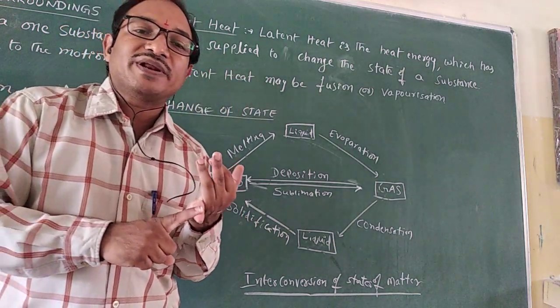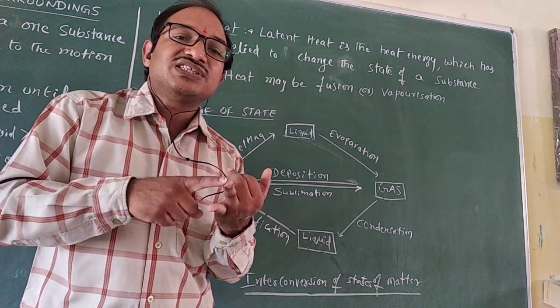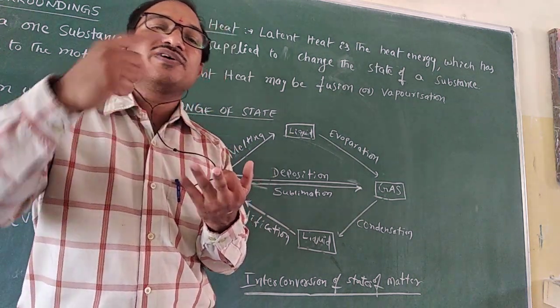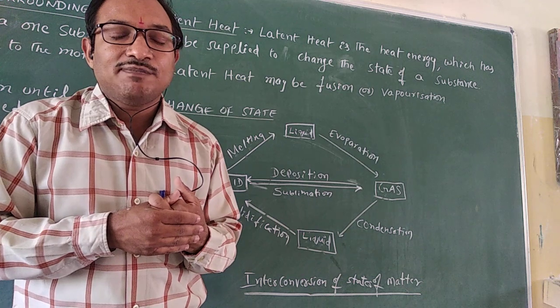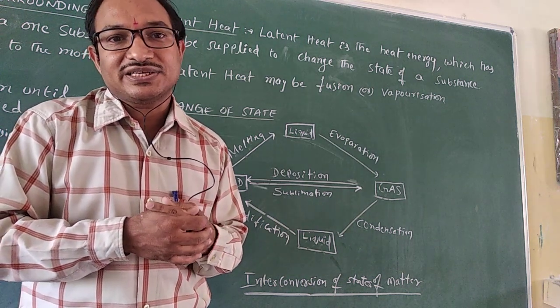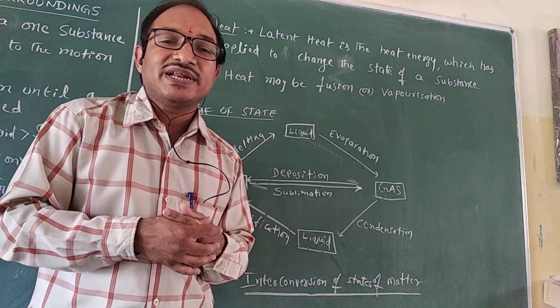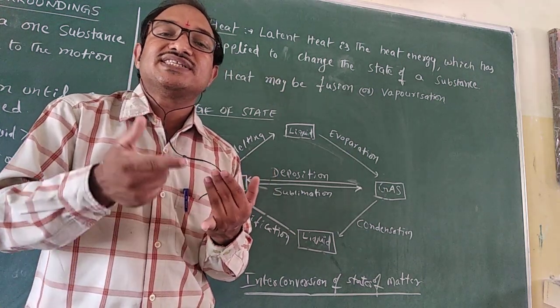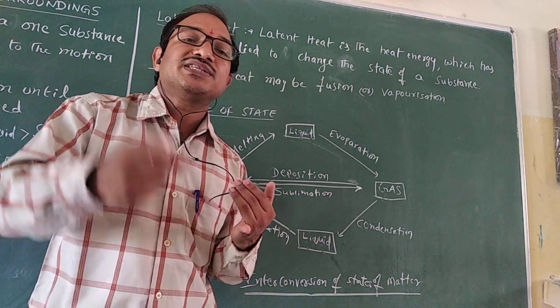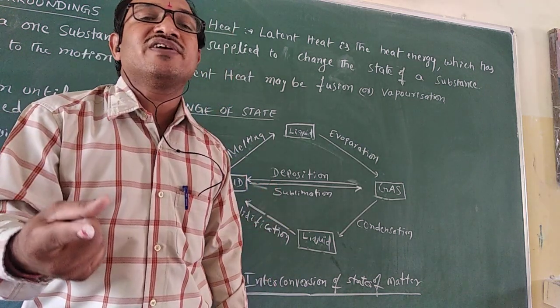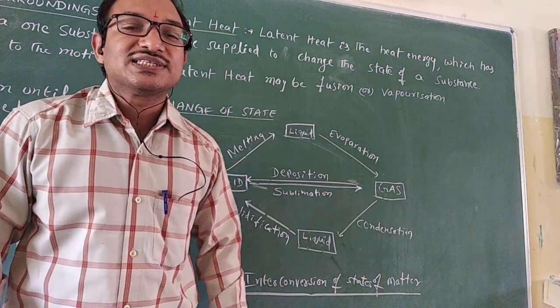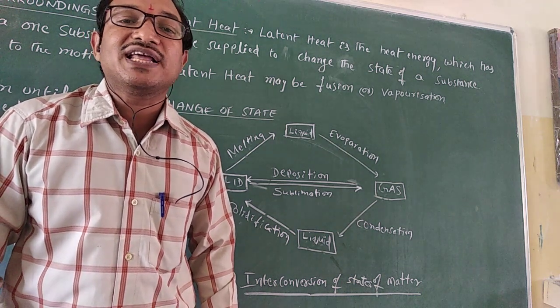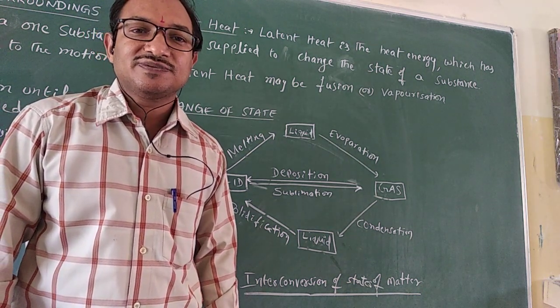In the same way, melting temperature is the temperature at which the solid is converted to liquid at atmospheric pressure, called the melting temperature or melting point. Right? Thank you.